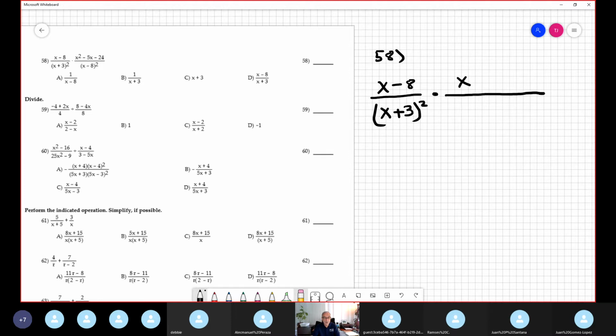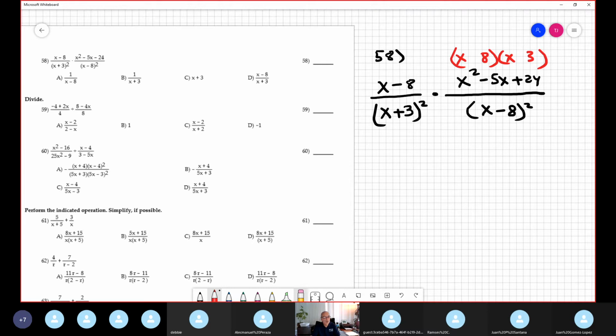But this is x squared minus 5x plus 24 divided by x minus a squared. I don't do anything here. The only one to pay attention to is this. It's not already factored. And the combination, the key that opens the door, is 8 and 3, because 8 times 3 is 24, 8 minus 3 is 5.